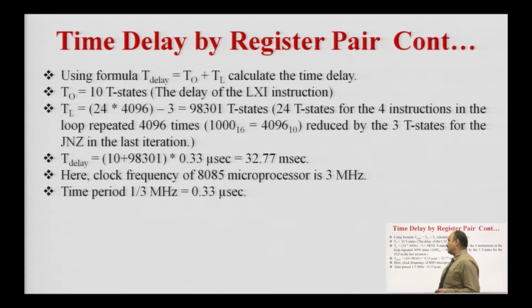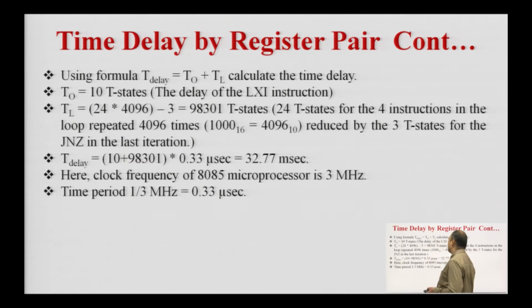So, the time delay generated by the register pair uses the formula T delay equals T0, that is the delay outside the loop, plus TL, the loop delay.